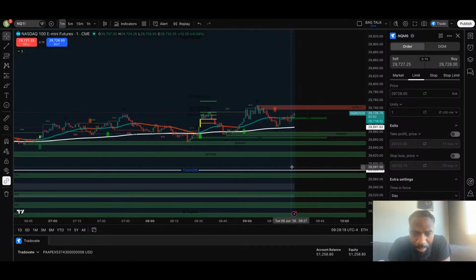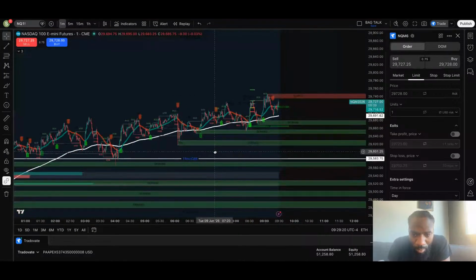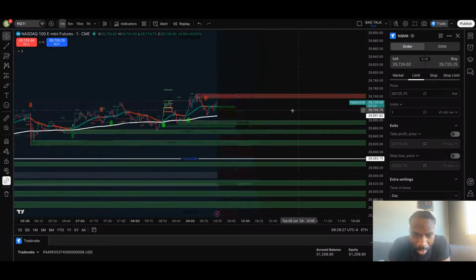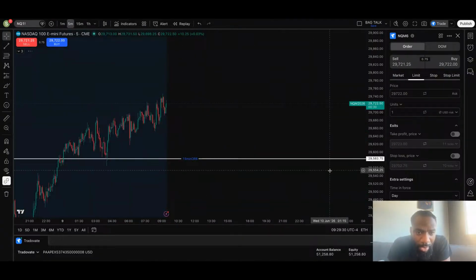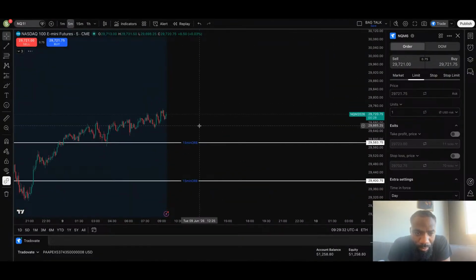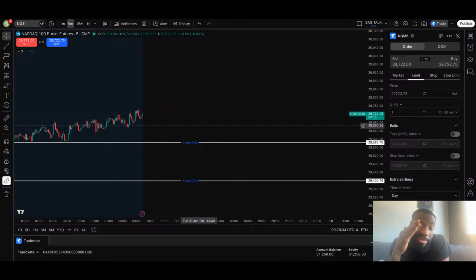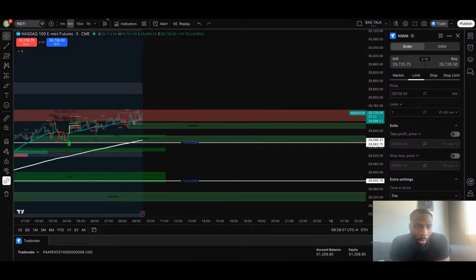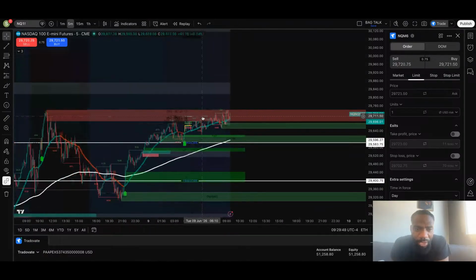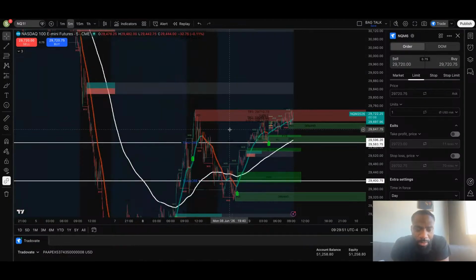Pushes up. Oh, this is a smaller demand level and then retest, but I don't like it for entries as of right now. Still kind of early. Price is trying to break through this supply level.